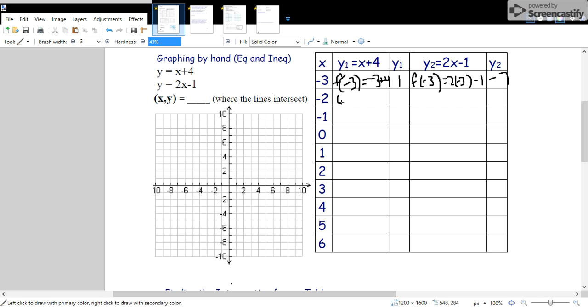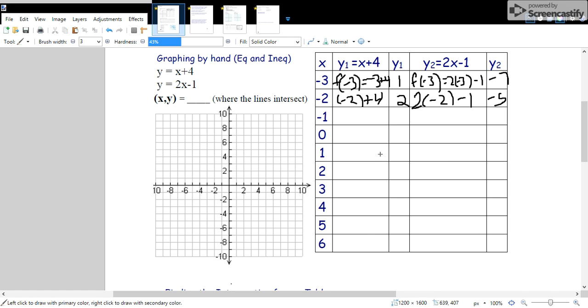So we have negative 2 plus 4, and negative 2 plus 4 is going to be 2. Two times negative 2 minus 1 is negative 4 minus 1, which is negative 5.